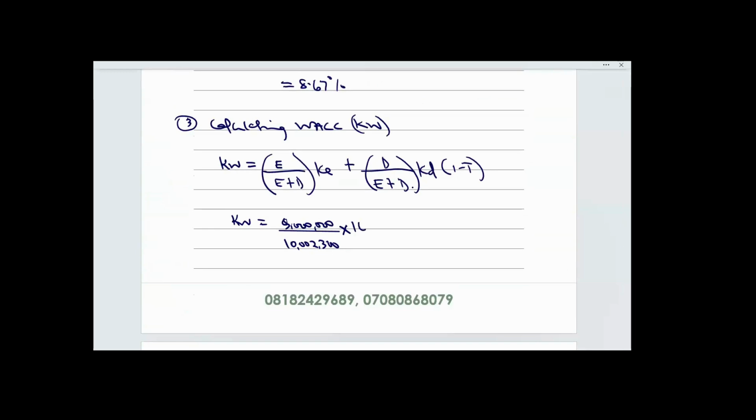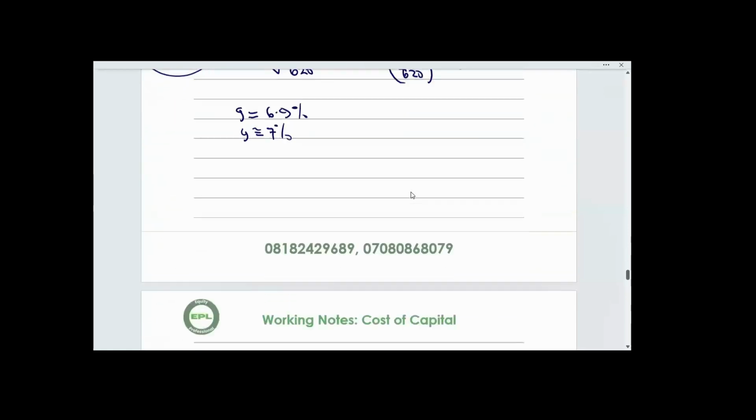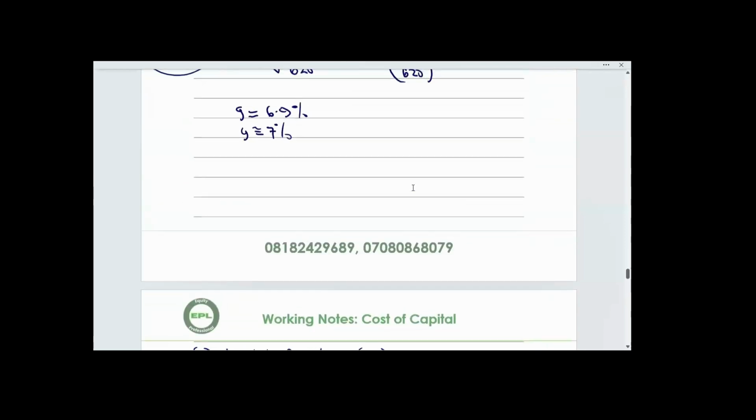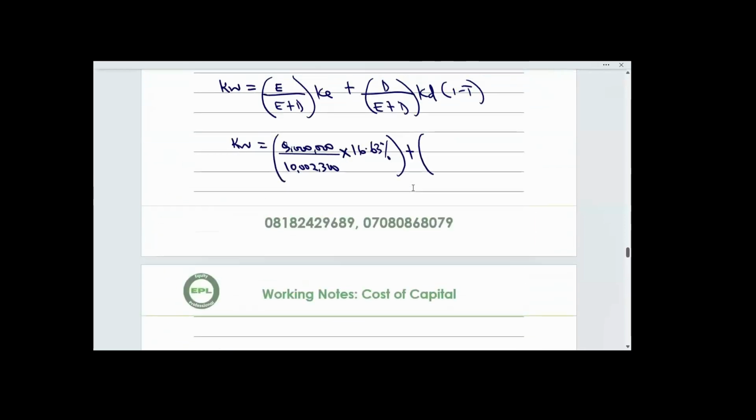Then plus the market value of the debenture, 1,02,300 naira, divided by the total value of 10,02,300, multiplied by the after-tax cost of debt.